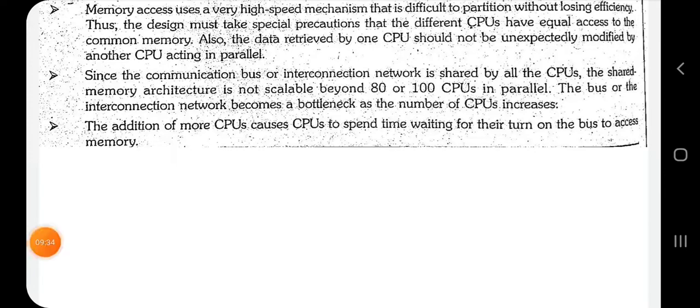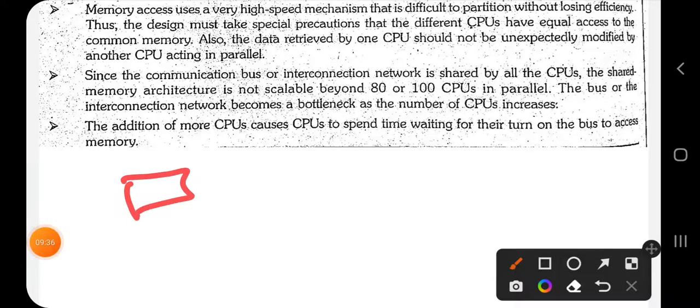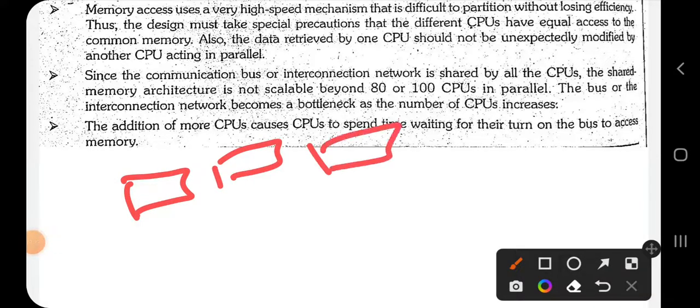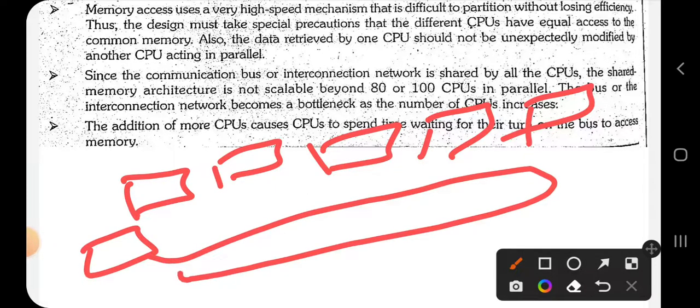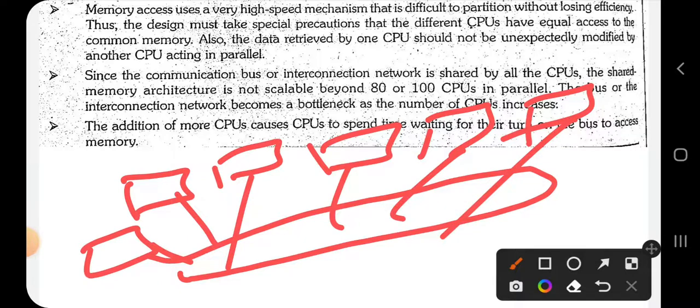As we improve the systems in the network, whenever we increase the CPUs in the network, they share the common memory through the network. If 3 systems are working, the speed will be different. If 6 systems are working, the speed will be different. If we are working with 100 systems, the speed will be different.